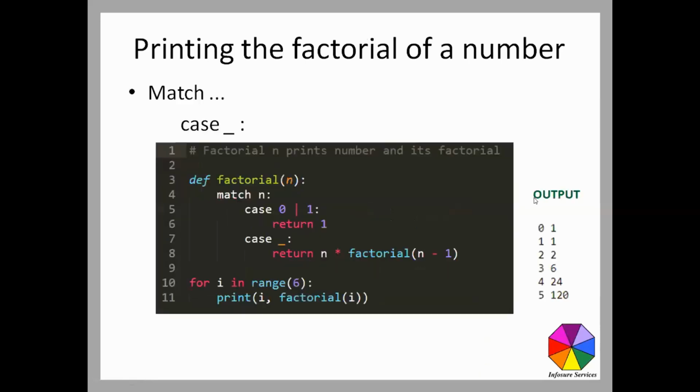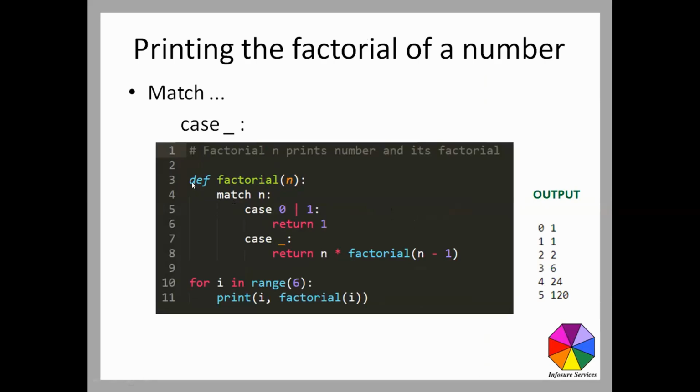Okay, so next one. This is another way to calculate the factorial. We have a different program here. It uses a match case condition. We will come to it, but here is what match case is.